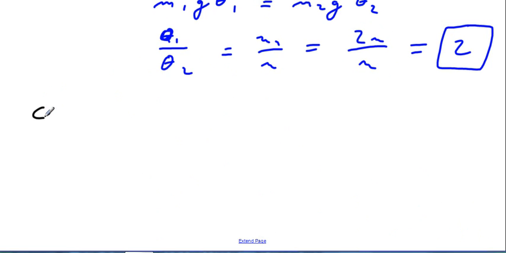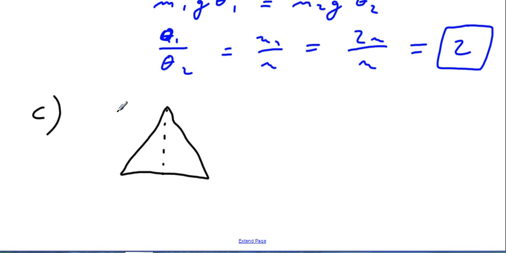Now we're going to do part C. Estimate the distance between the two spheres in each case. Alright, so I look at that again, and I have these guys like that. And so case 1, the A case, theta 1 is equal to theta 2. So I got some length there, I got some length over here, I got length over there.